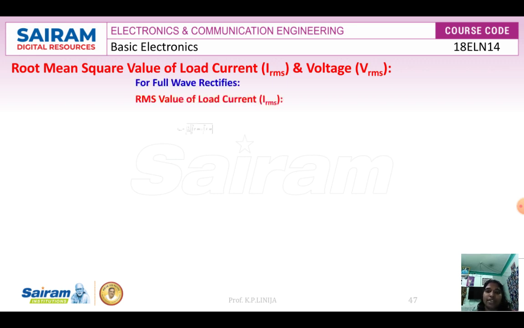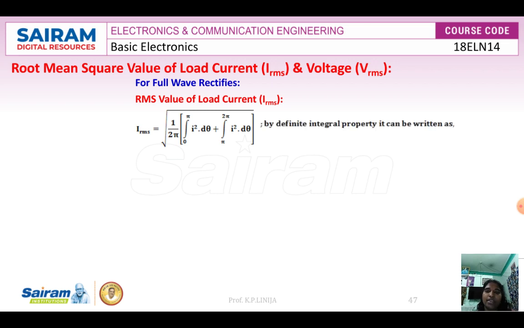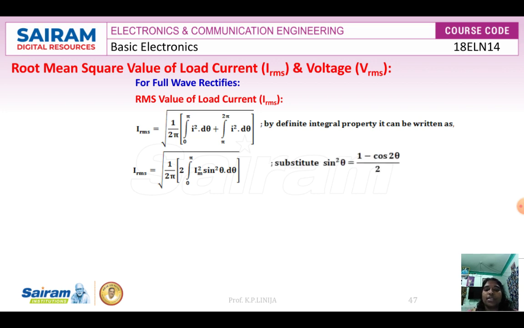Same for the full wave rectifier. Here we have to keep in mind that for the positive half cycle as well as the negative half cycle we are having the output. So in order to avoid the tedious calculation, we are applying a definite integral property. Right, IRMS.